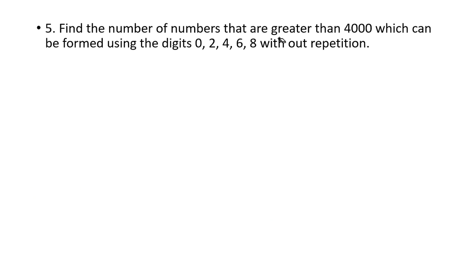Find the number of numbers which are greater than 4,000 that are formed using the digits 0, 2, 4, 6 and 8. So we have to find how many numbers are there which are greater than 4,000 formed by the digits 0, 2, 4, 6 and 8. These are 5 digits.